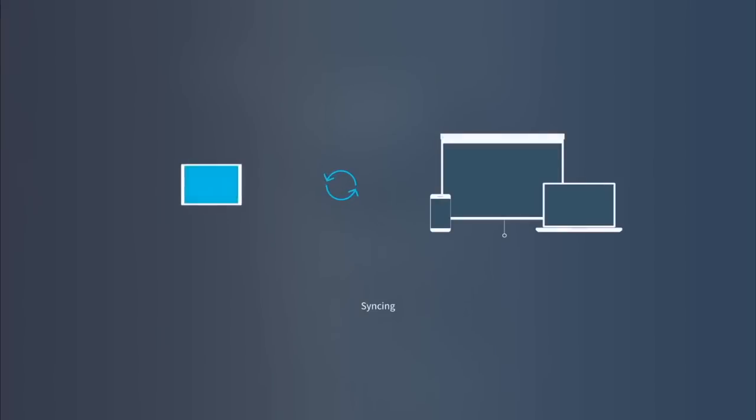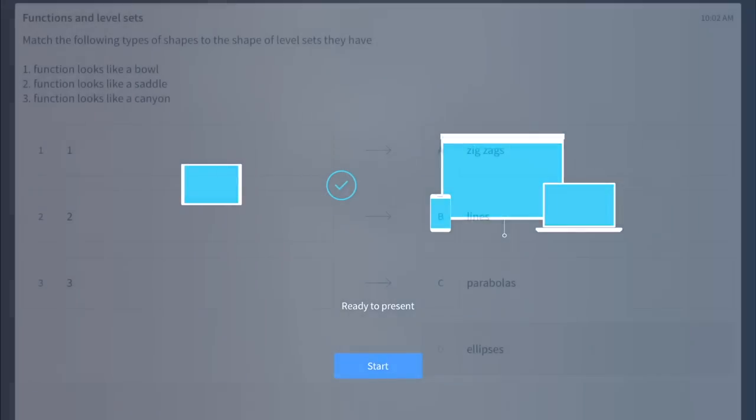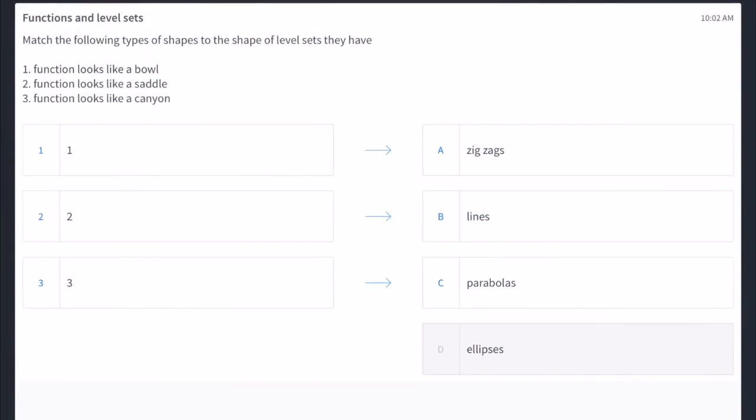The question is going to ask you to match the bowl function, saddle function, and canyon function to the shapes of their level sets. Your choices are zigzags, lines, parabolas, and ellipses. Go ahead and give that a try. You may want to pause your video while you work on it, and then when you come back, we'll discuss the answers.